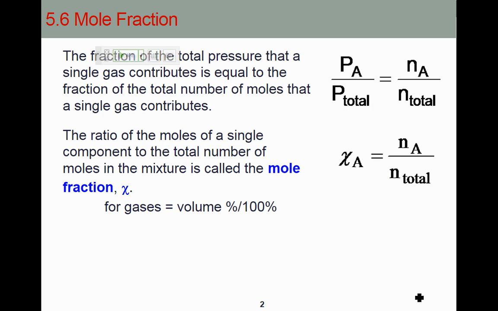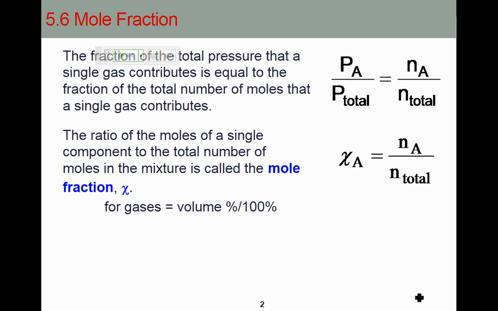The ratio of moles of a single component to the total number of moles in the mixture is what we call our mole fraction. That's just our ratio, and it's shown with this little italicized X of A is equal to NA over N total. Now this isn't a percent, this is our fraction. So this is literally the fraction of NA over N total.